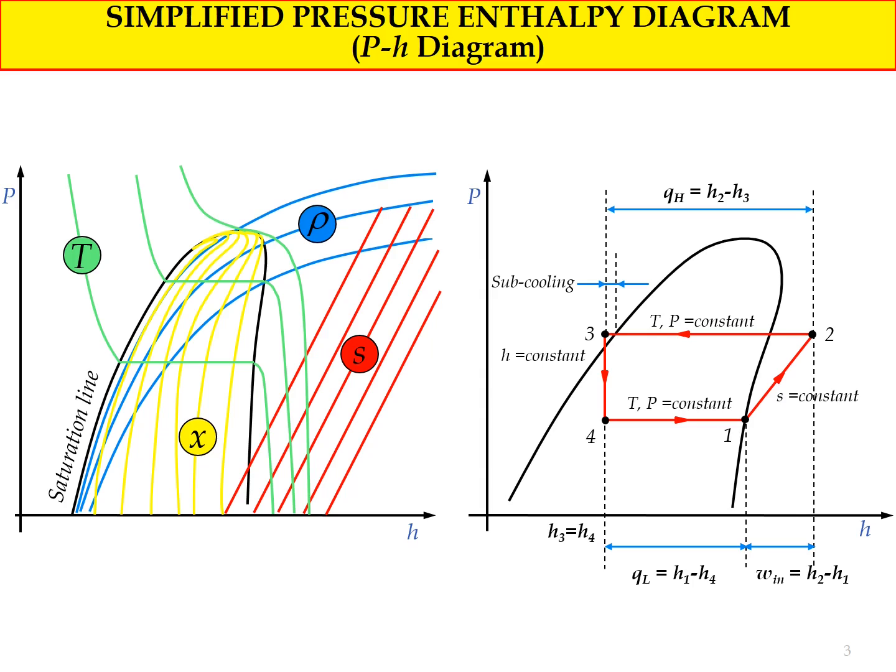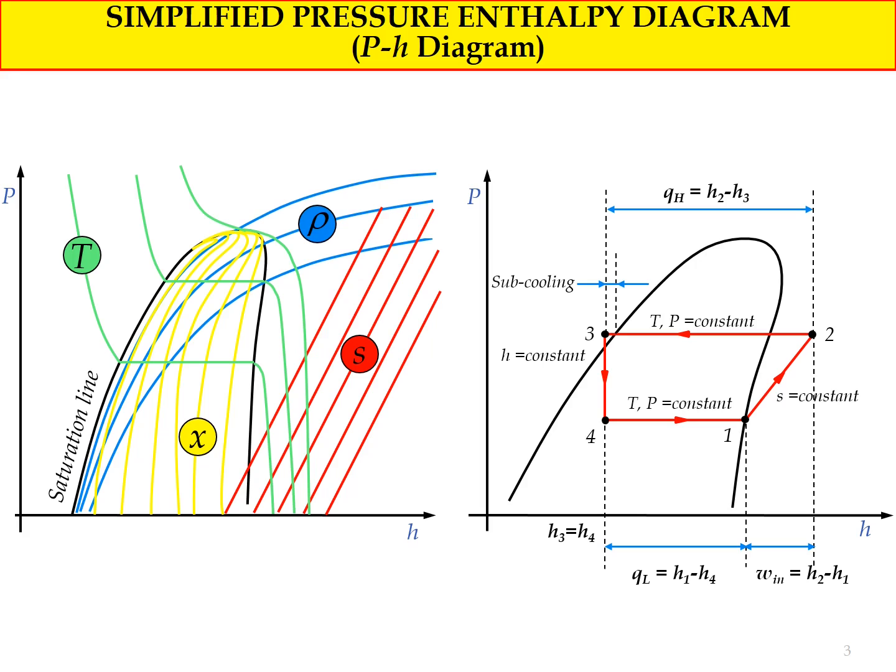We have state number 1 at saturated vapor, state number 2 at superheated, state number 3 at the subcooled liquid region, and state number 4 at the saturated mixture region. Clearly from this pH diagram, during the throttling process, the value of H3 is equal to the value of H4.